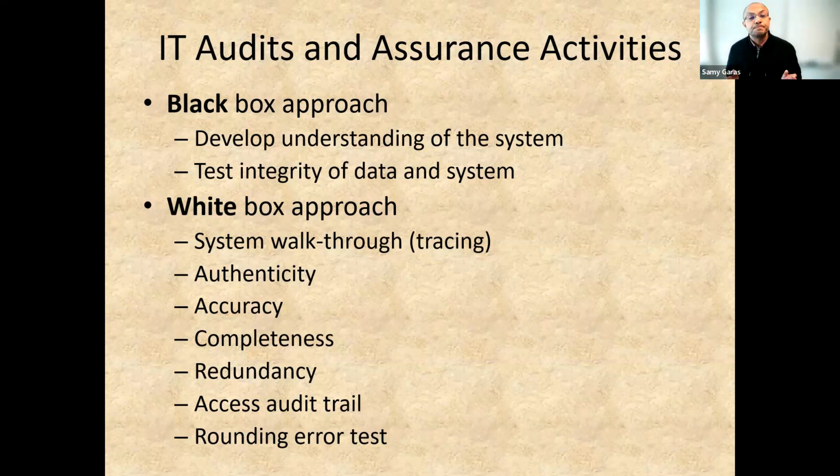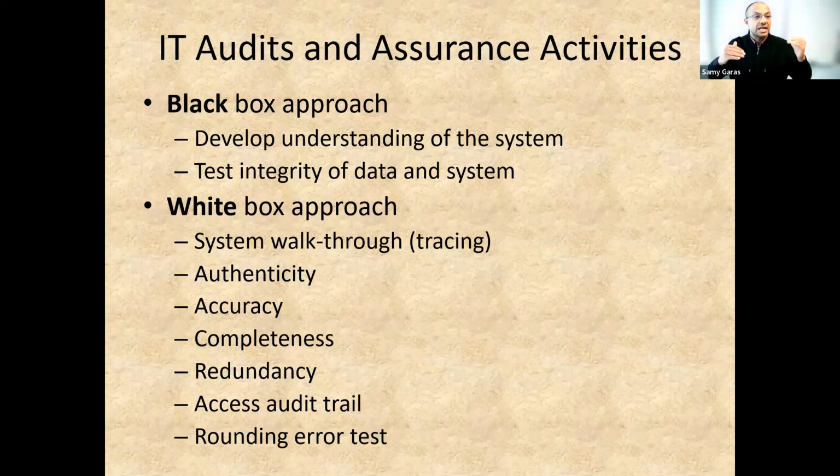Redundancy means if the data has been entered in multiple files, and this might take space from the system, so we need to avoid any redundancy in the data entry. Access audit trail means we take a sample from the transactions and check the original documents, and we check a sample from the original documents to see if they have been entered correctly.